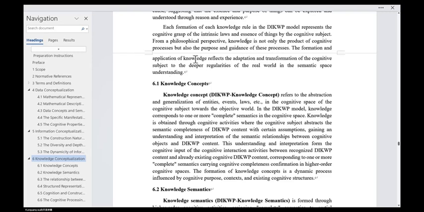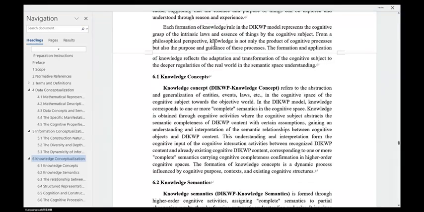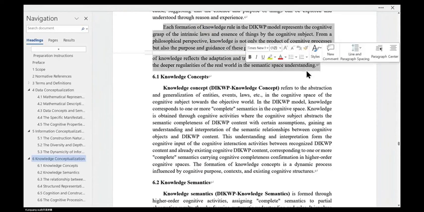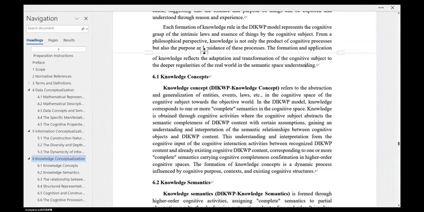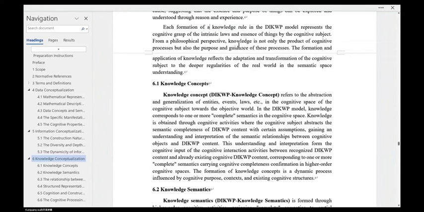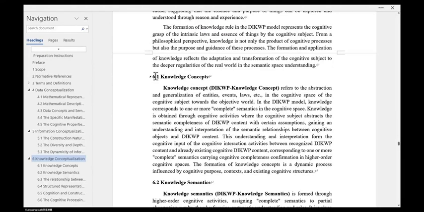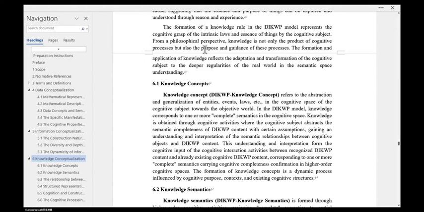No, not each. Remove each. The formation of a knowledge rule.